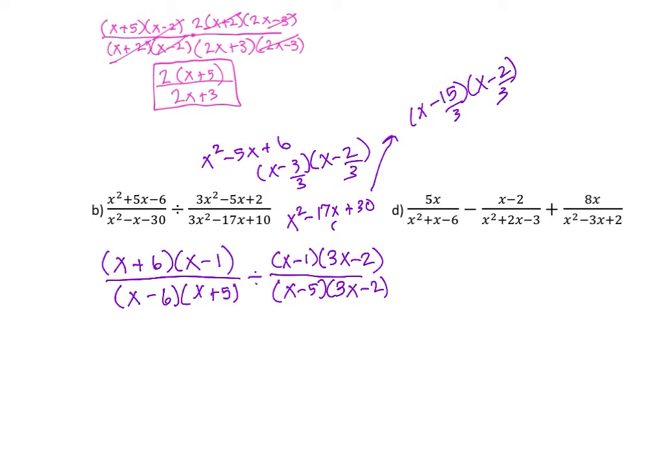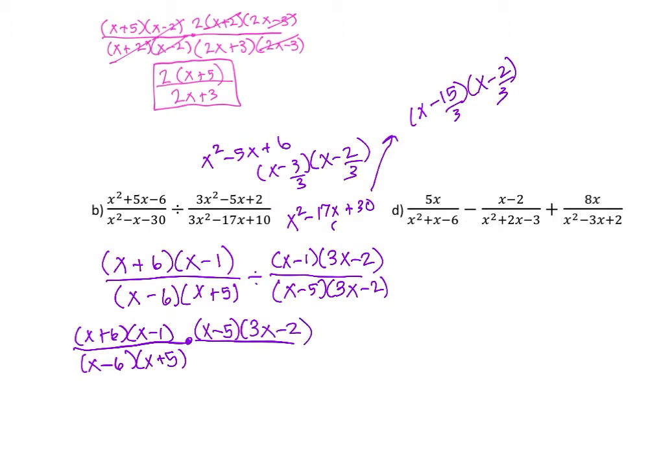We're going to flip the back fraction. If you're very comfortable, you can go ahead and flip the fraction as you're factoring. So when we flip the back fraction, anything that was in the denominator comes up, anything in the numerator goes down.